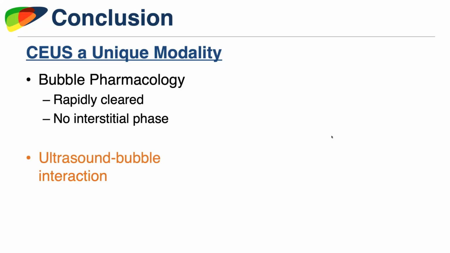So in conclusion, I consider contrast ultrasound a very unique modality that should be in the tool belt of every radiologist who does serious liver imaging. There are unique properties of the contrast agent we use. It's rapidly cleared from the body. There's no interstitial phase. You can use those differences to troubleshoot for certain patients and for certain observations.